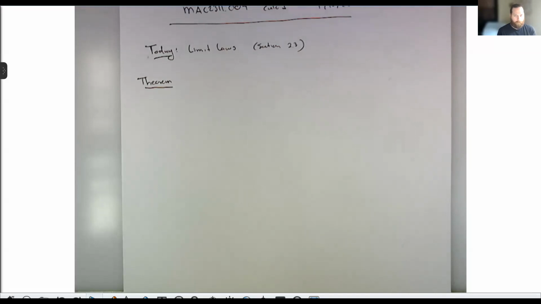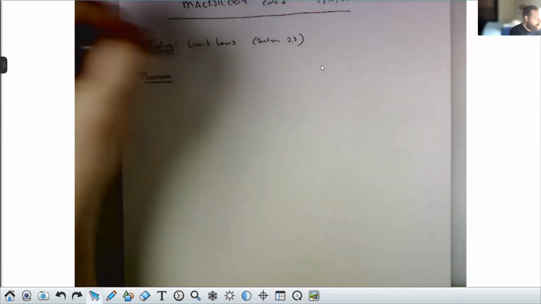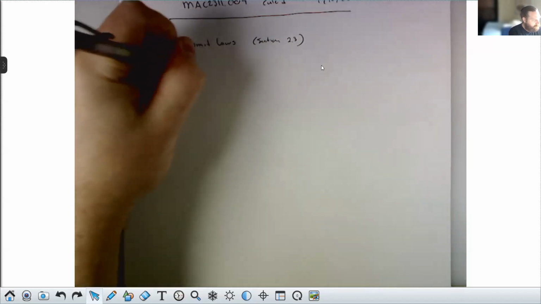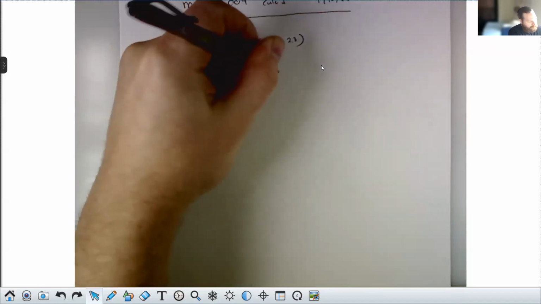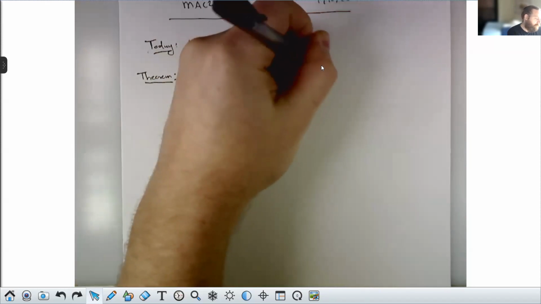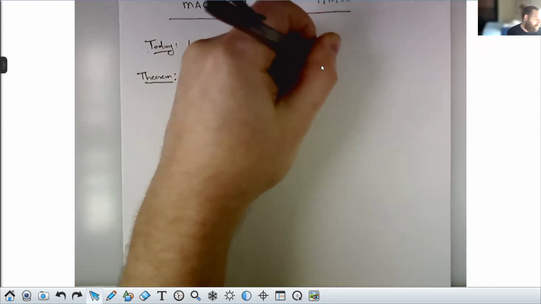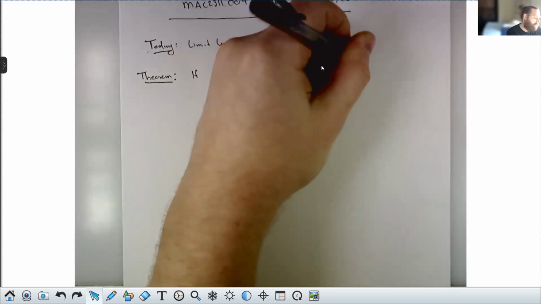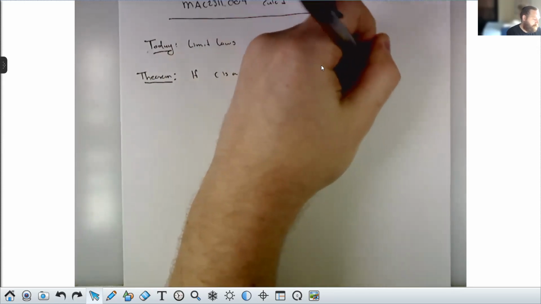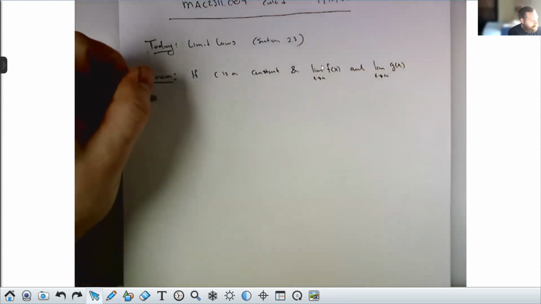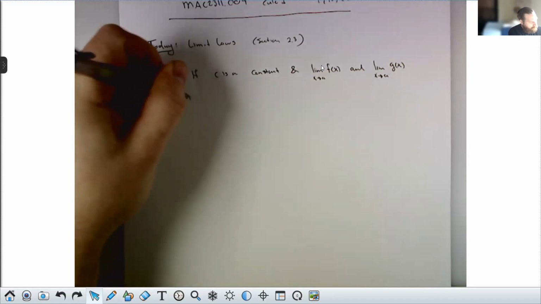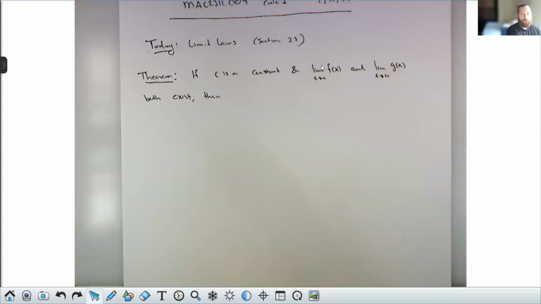So you see here, assuming that C is a constant and the limit as x approaches a of f and the limit as x approaches a of g both exist, then the good news is everything you want to be true is true.